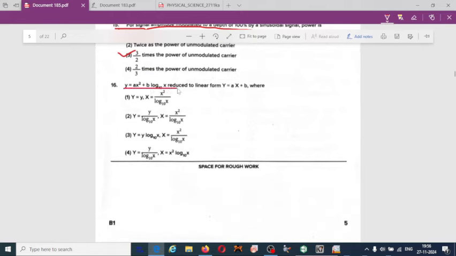For this question, y equal to ax square plus b tan x reduced to linear form, option 2 is correct as per my knowledge from previous study. Here they have given option 3 in the answer key.